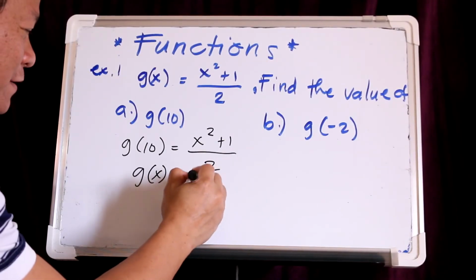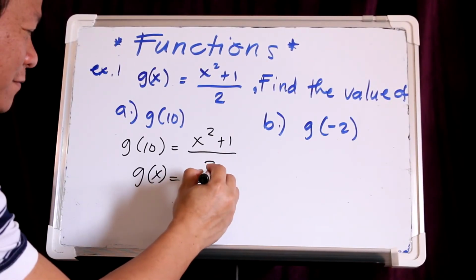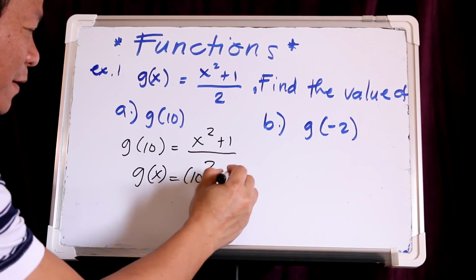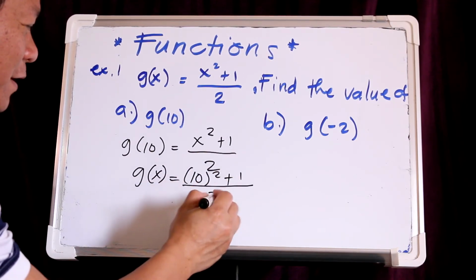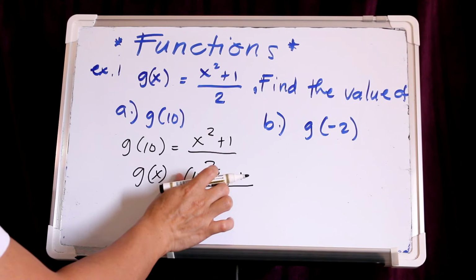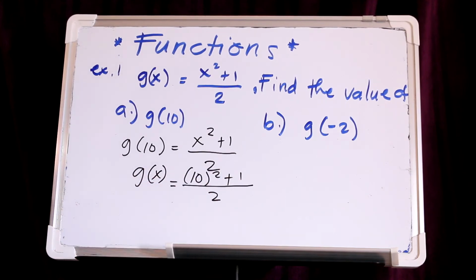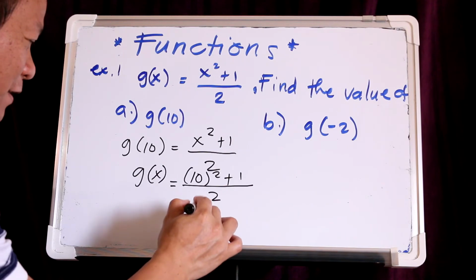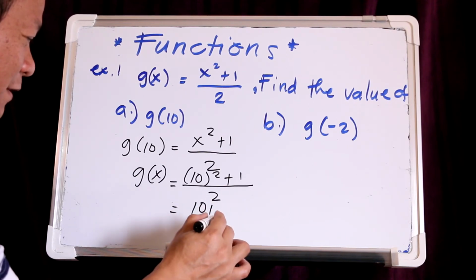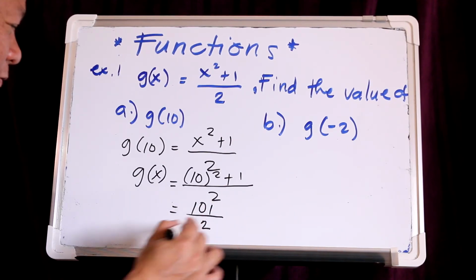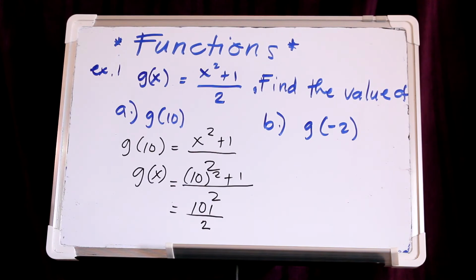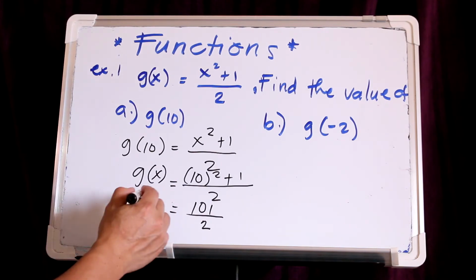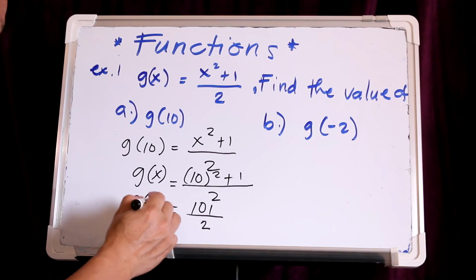So you are going to have g(10) equals (10 squared plus 1) divided by 2. Then you have 101 divided by 2. Then you will have g(x) here.